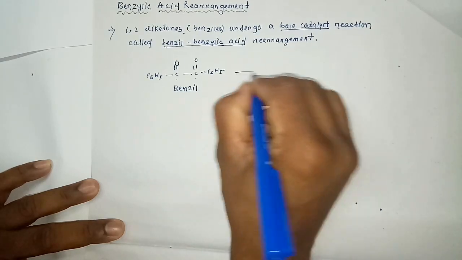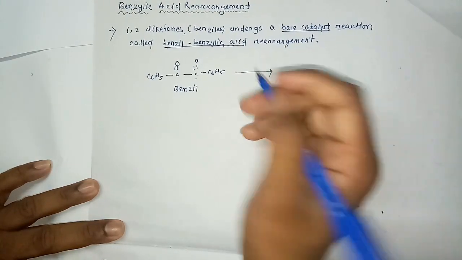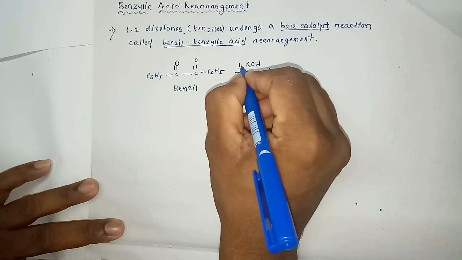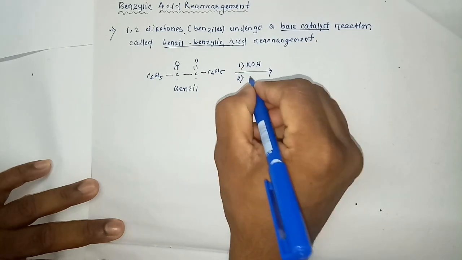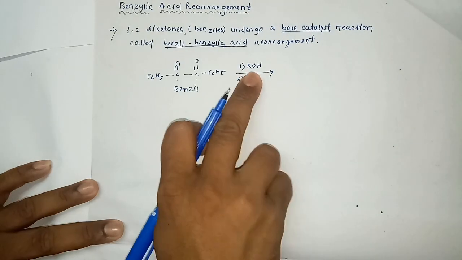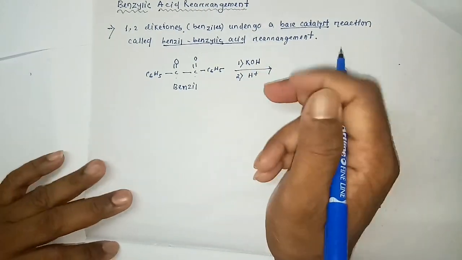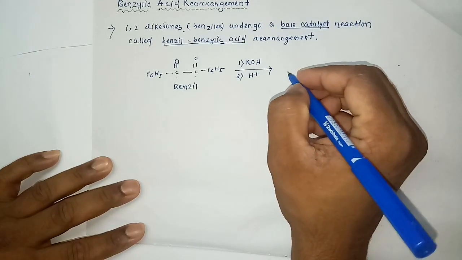This benzil, in the presence of a base catalyst, for example KOH, and then H plus ion, is converted into benzilic acid.